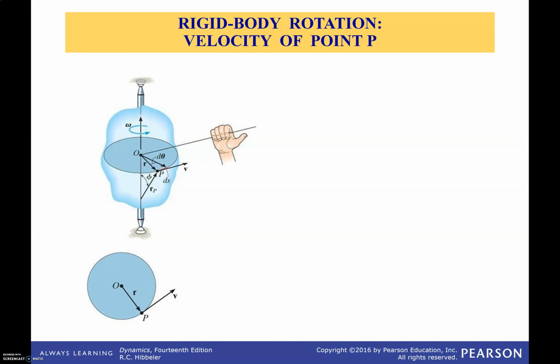So let's look at how to write the velocity as a vector using angular velocity. If you have a point rotating about an origin, remember that the velocity of this point is omega r, if it has an angular velocity omega.